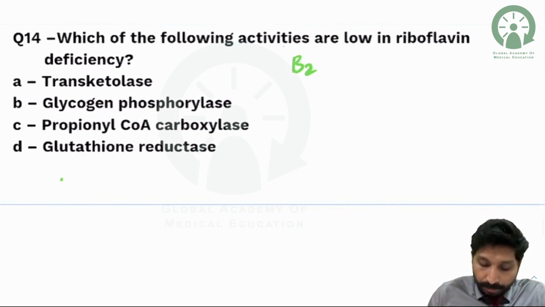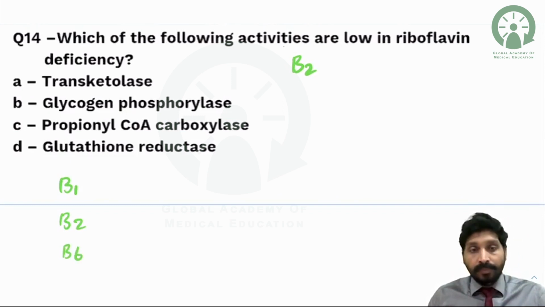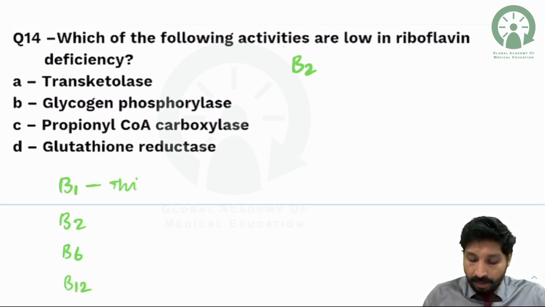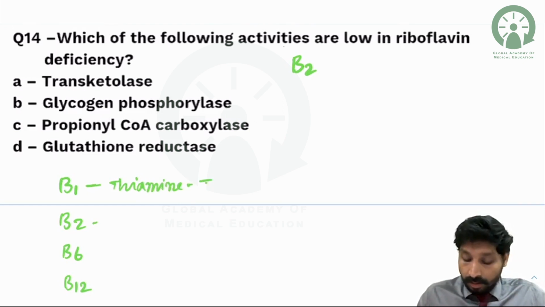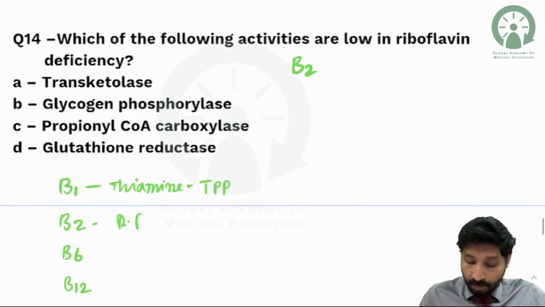Here we have B1, B2, B6, and B12. B1 is thiamine, and TPP is its coenzyme form. B2 is riboflavin, like FADH2 you can make out.